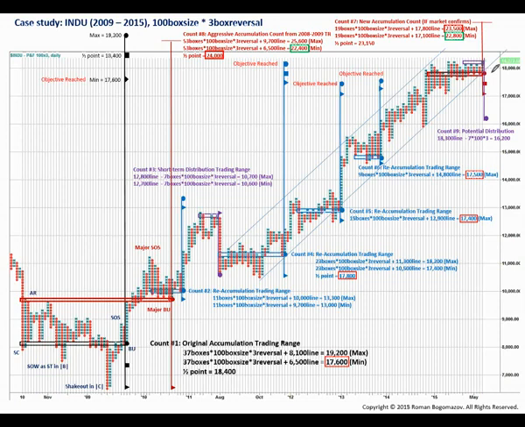And so we see here that we have this large stepping stone, and I'll try to put this in Wyckoff-ian terms. I like to think about the composite operator and try to have a narrative that supports what the composite operator is doing.